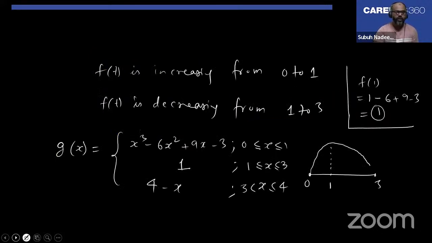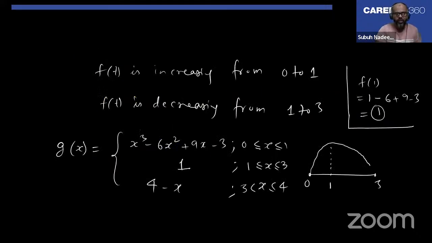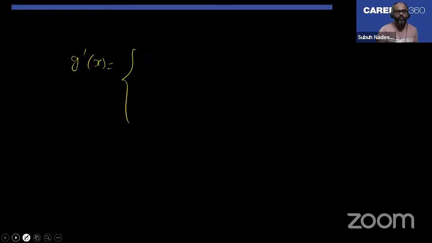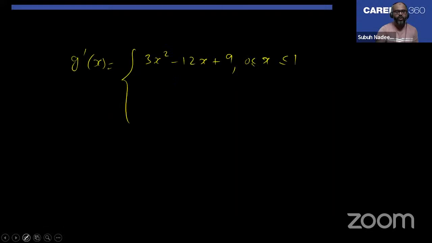Now we can differentiate it. So when we differentiate it, what will we get? Since it is continuous, we will directly differentiate. So 3x² - 12x + 9 if x is between 0 to 1, and 0 if x is between 1 to 3, because we are differentiating and the derivative of 1 will be 0.